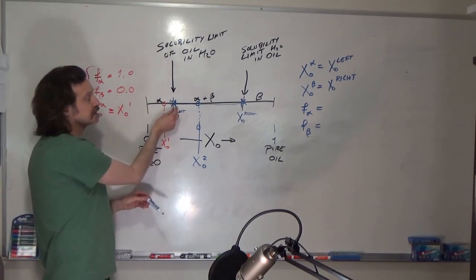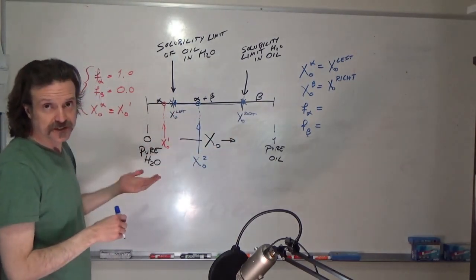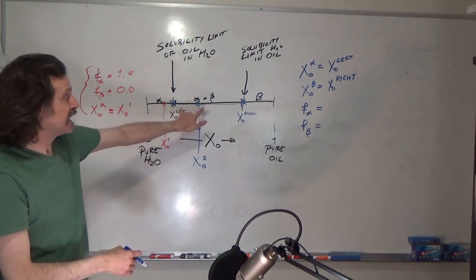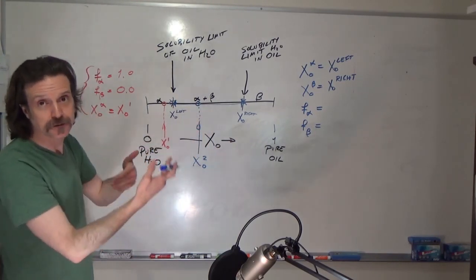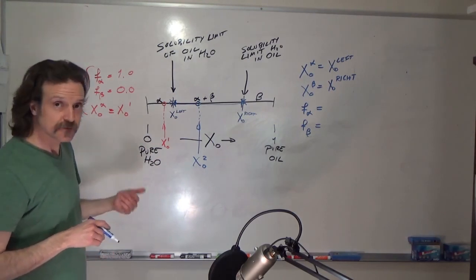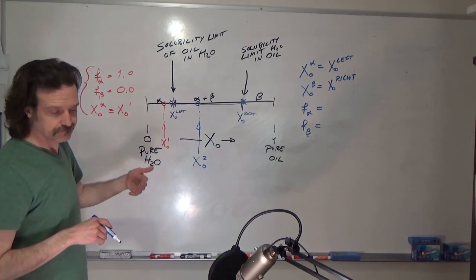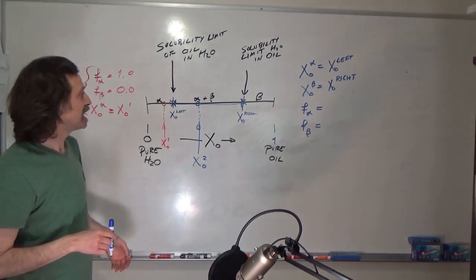Well, it's going to be that little sliver divided by the total length. We're basically saying what fraction of this line is close to alpha, what fraction is close to beta. And we call this the inverse lever rule in kind of the common language of reading phase diagrams.